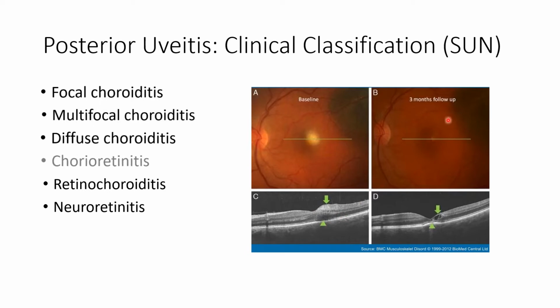After treatment, when the inflammation has subsided, we can appreciate that this opacity has vanished and we have a scar tissue where we can also appreciate that there is a loss of retinal cells and retinal layer.